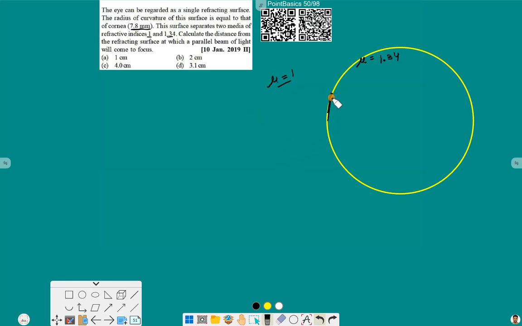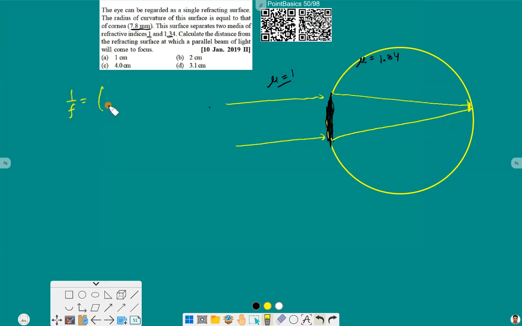Now suppose some light is entering through this region, like this, and it is getting focused at the retina here. Now we can simply apply the formula that 1 by f is equal to mu minus 1 into 1 by r1 minus 1 by r2.